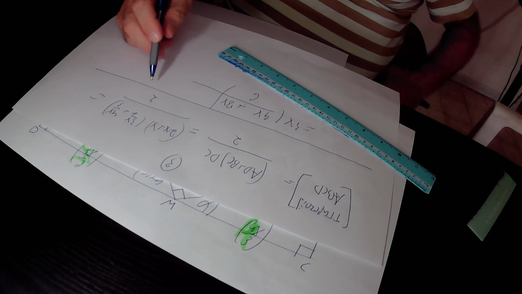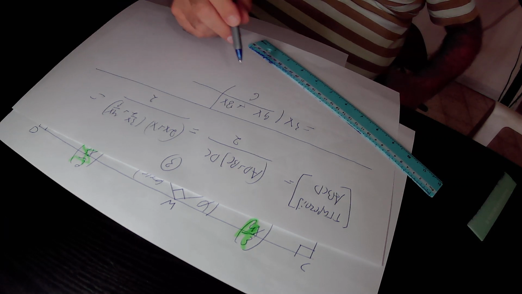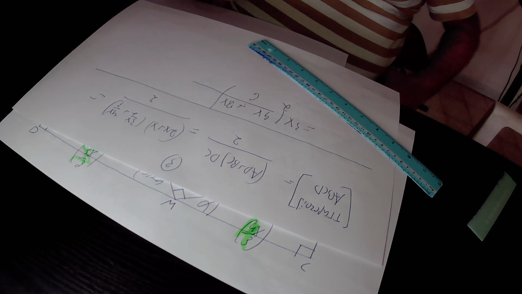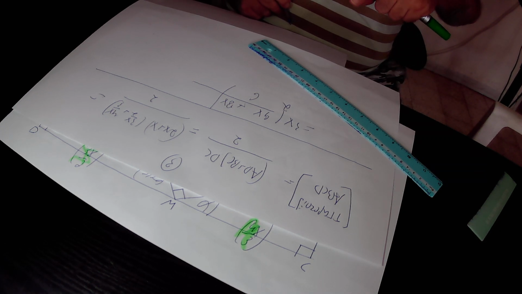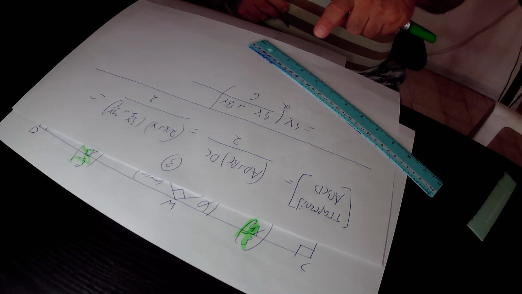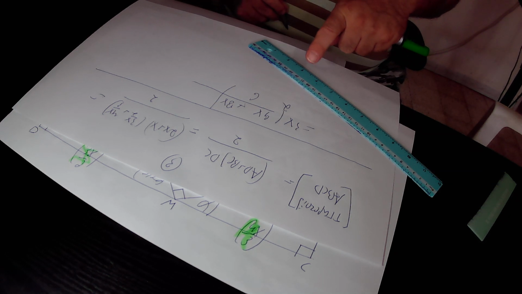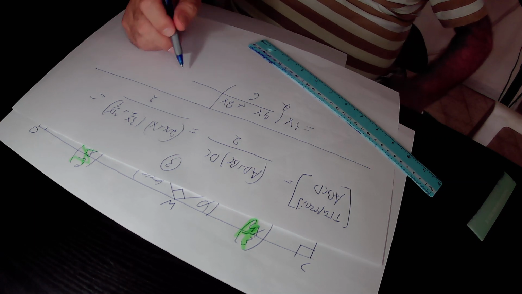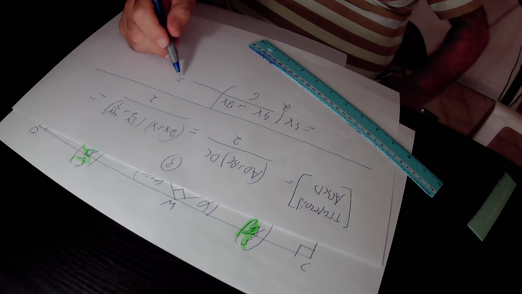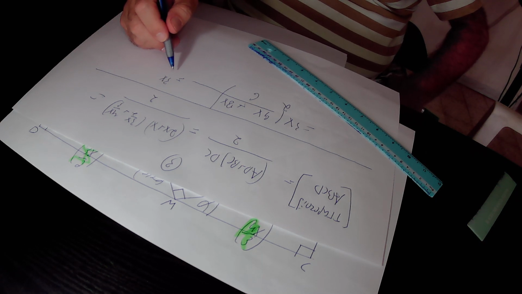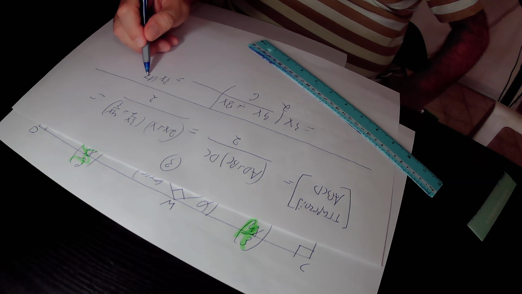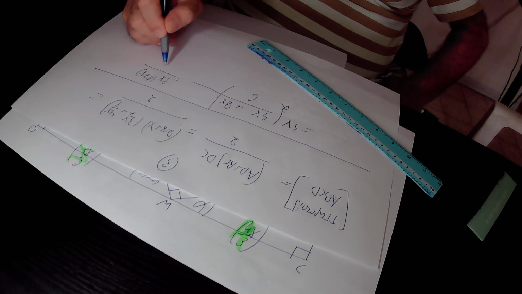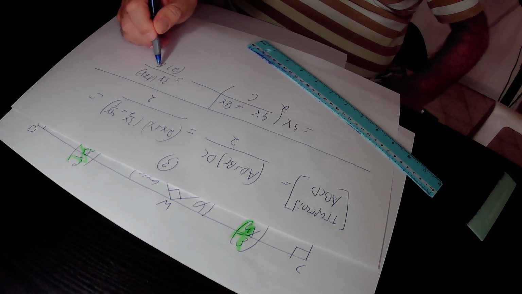We have to divide everything by 2. So in total, the area of trapezoid ABCD equals 3x times 9x plus 8x over 2 times 6. Inside the brackets we have 9x plus 8x, that is 17x, divided by 2 times 6.